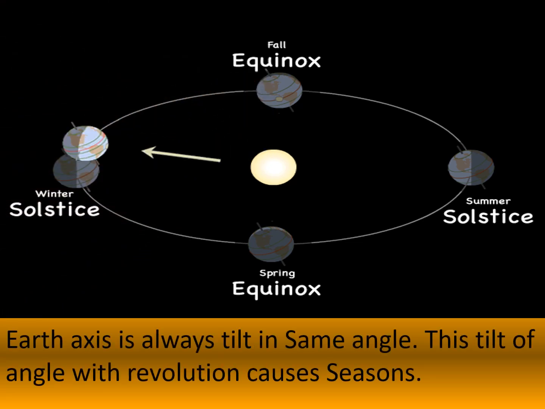Earth's axis is always tilted at the same angle, 23.5 degrees. The angle will not change throughout the revolution. This tilt of the angle with the revolution of the earth causes different seasons, and seasons are changed only because of the tilt and revolution of the earth.